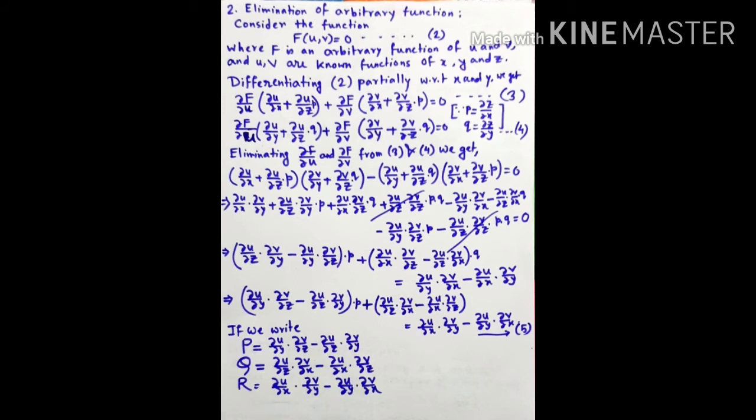Now we see that ∂u/∂x · ∂v/∂y + ∂u/∂z · ∂v/∂y · p + ∂u/∂x · ∂v/∂z · q + ∂u/∂z · ∂v/∂z · pq − ∂u/∂y · ∂v/∂x − ∂u/∂z · ∂v/∂x · q − ∂u/∂y · ∂v/∂z · p − ∂u/∂z · ∂v/∂z · pq = 0.